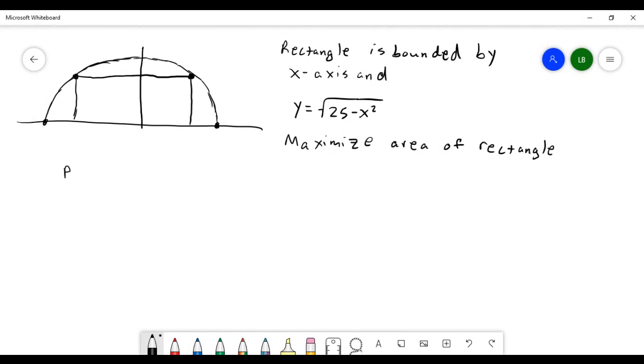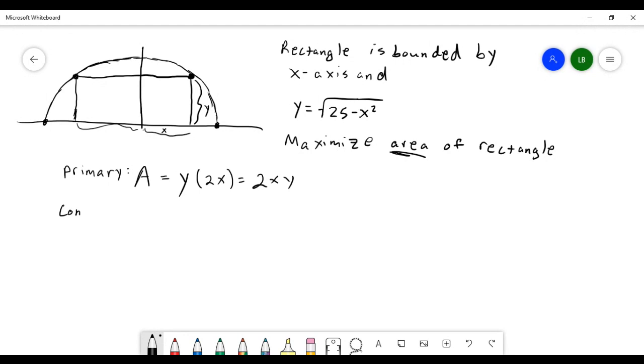So first off, we need to find out what our primary and constraining equations are. Our primary equation needs to have what we're trying to optimize in it. In this case, we're trying to maximize the area, so it's going to be our area equation. The area is going to be this height, y, times this width, which is x plus x, since each of these are our x values. So y times 2x, which is 2xy.